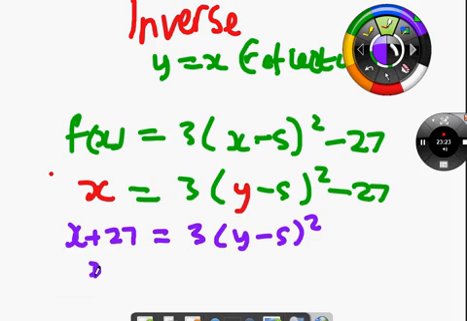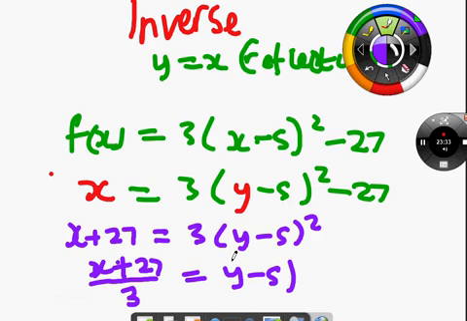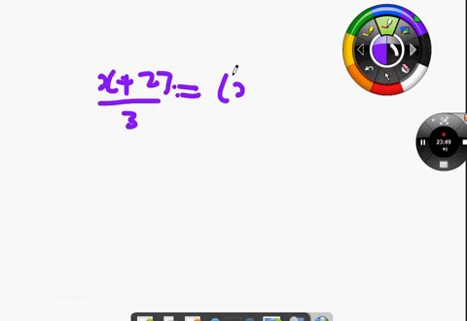So it's going to be x plus 27 divided by 3 is equal to y minus 5 squared.